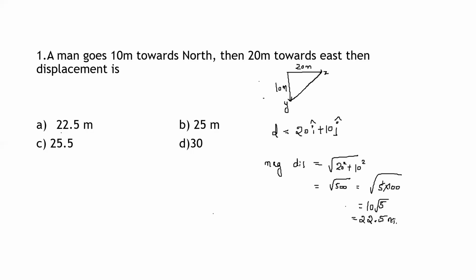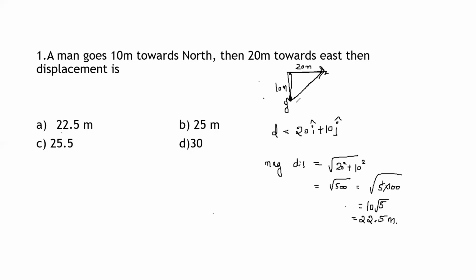Understood this? See here what they have given. A man goes 10 meter towards north and then 20 meter towards east. So the man is moving from this point, north first 10 meter, then towards east 20 meter, in this way.